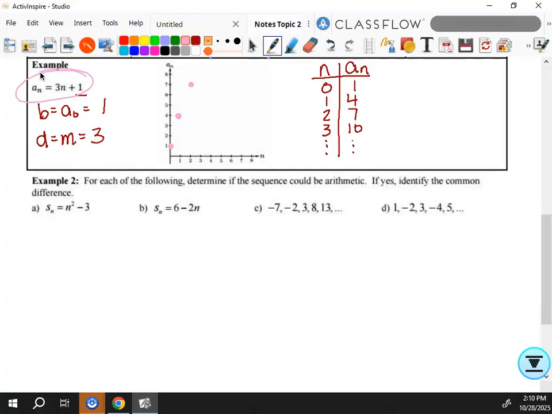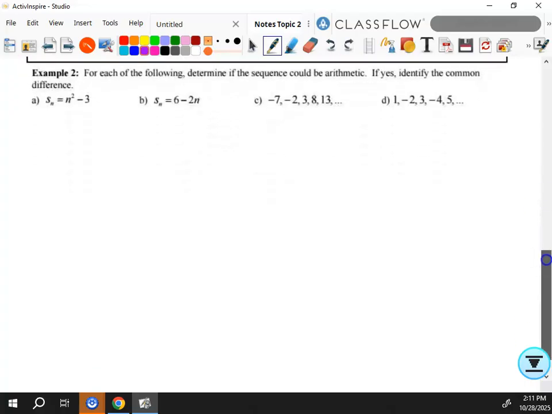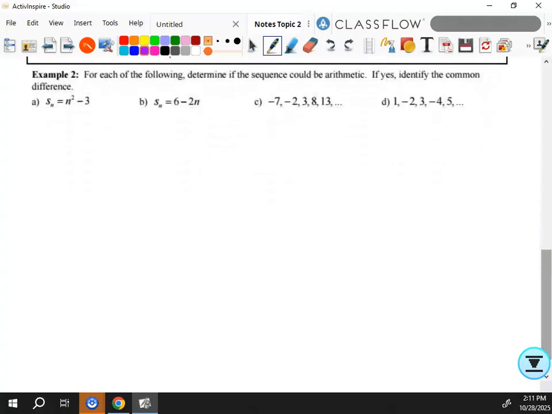Okay, good. All right, now for each of the following, we are going to determine if the sequence could be arithmetic. If yes, we're going to identify the common difference. So look at A. Do you think A could be arithmetic? If it's arithmetic, what does it behave like? A linear function. Is this a linear function?